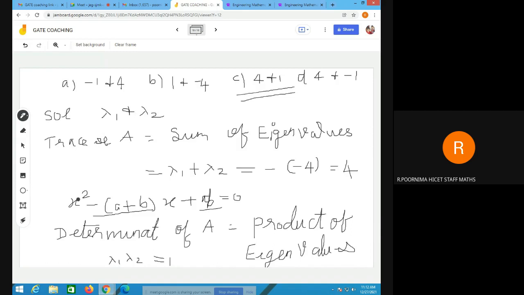Similarly, for the product of eigenvalues, we compare that term with the given characteristic equation. That is 1 here, which is given as 1. So lambda 1 into lambda 2 is 1. That is the determinant. So the correct choice is 4 and 1.